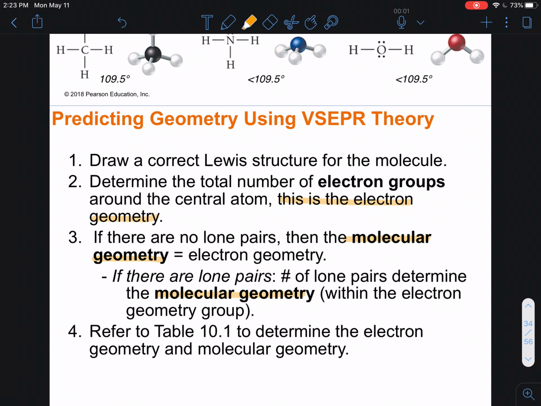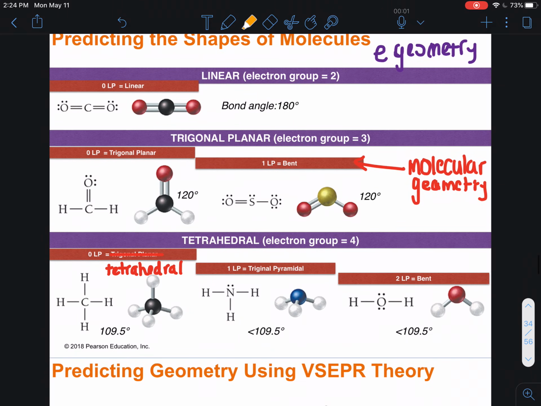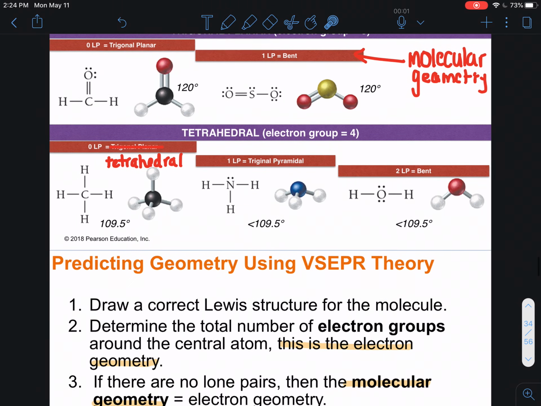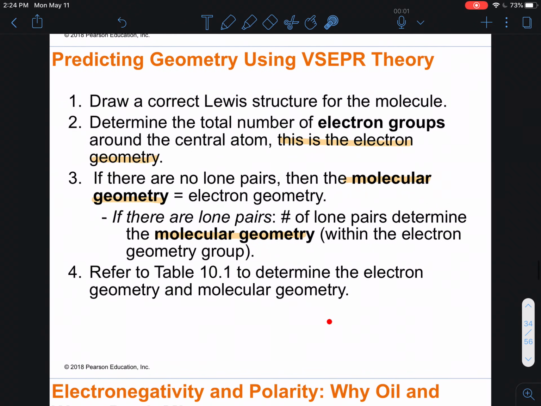Okay? You will be given a chart. You won't necessarily have to memorize all of this, but you need to know how to appropriately predict the molecular geometry of a compound by drawing the Lewis structure and then placing it into the appropriate category by first counting the electron groups, then evaluating whether any of those electron groups are lone pairs.